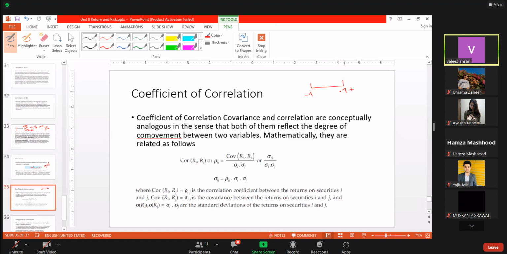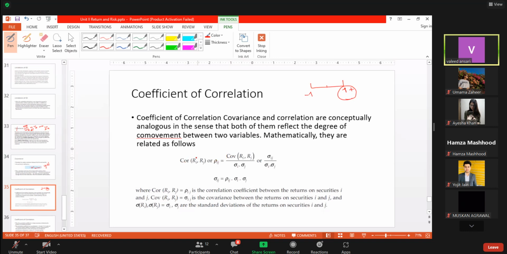A stock which has perfect positive correlation will not provide any chance of risk reduction, whereas a stock which has perfect negative correlation can help us reduce the risk to zero. That is why we scale it.